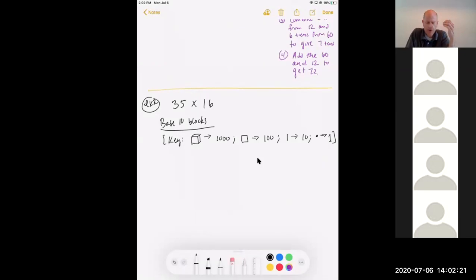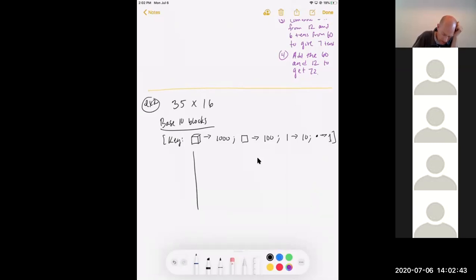We want to model 35 times 16 again like an area model rectangle, where one dimension, like a length, is 35 and the other one is 16. The top number I usually put as the horizontal. So I need 3 10s.